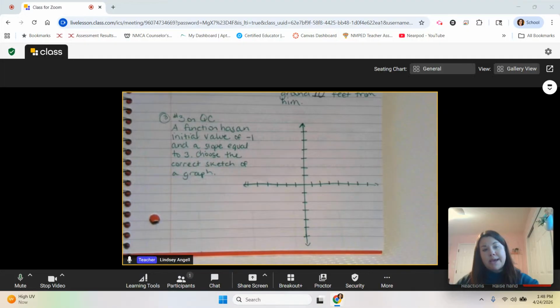The last one that we're going to go over is number 3 on your quick check. A function has an initial value of -1 and a slope equal to 3. Choose the correct sketch of a graph. Now, I didn't want to draw all 4 graphs that it gives you, so I figured we would build the correct one, which is good practice also, and then you choose the one that looks like the graph that I build, okay?